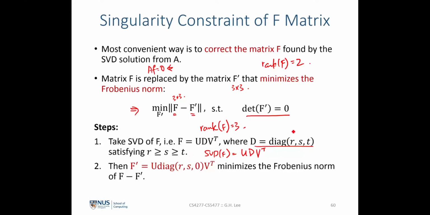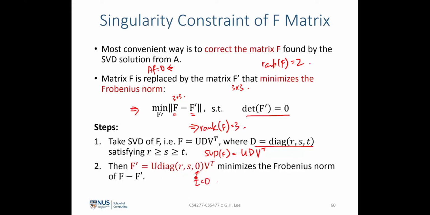Since there are 3 singular values, this supports our claim that the rank of F is equal to 3. So in order for us to find F prime that minimizes the cost function, we can simply replace the least singular value T with 0.